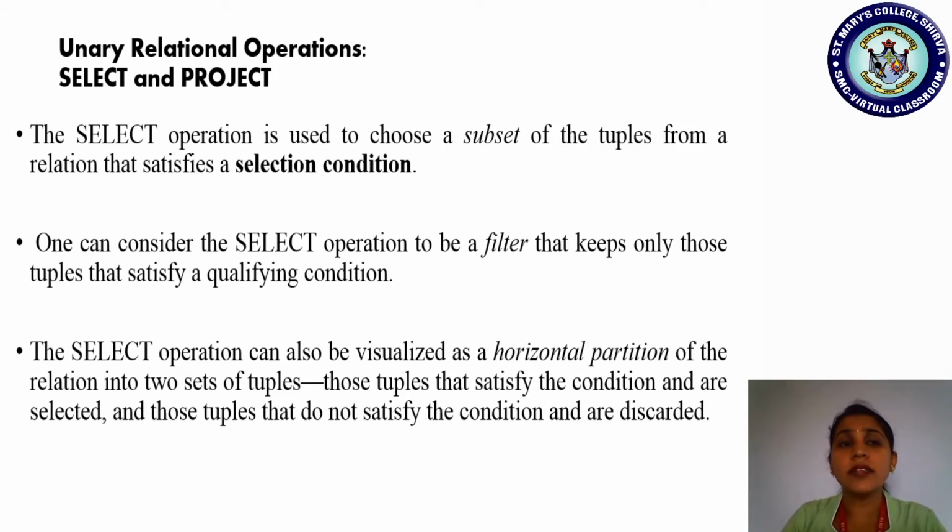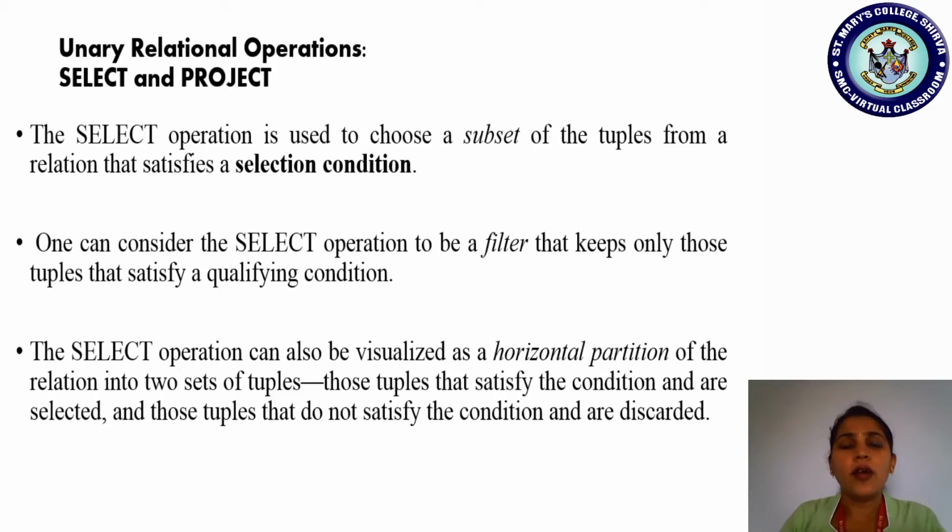So what is the term unary? Any operation that is performed on a single relation. Examples of a relation are student, employee, department. They are all entities. They are also called tables, right? Yes.